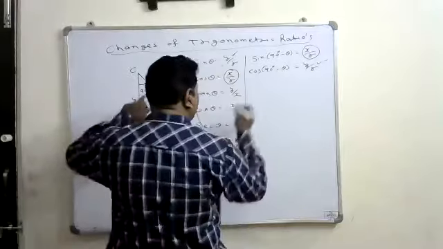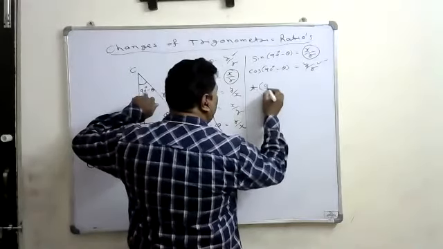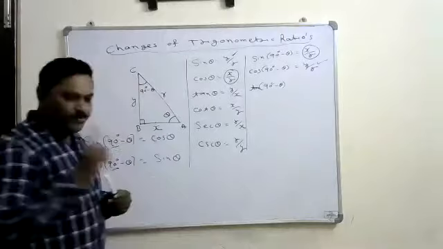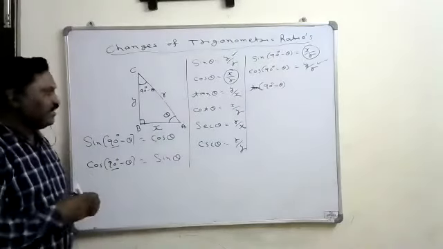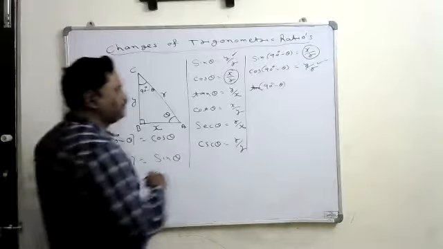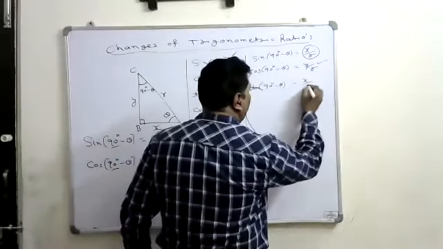Similarly, if I consider the tan of 90 degree minus theta, tan बोले तो opposite by adjacent side. इसका opposite क्या है? X. X by y.